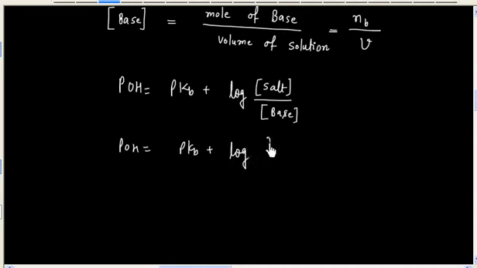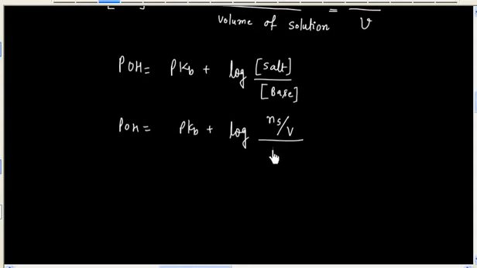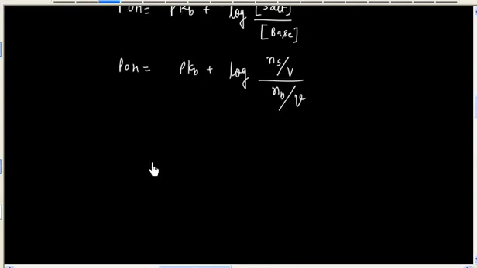Concentration of salt is mole of salt divided by volume. Concentration of base is mole of base divided by volume. So pOH is equals to pKb plus log moles of salt divided by moles of base.